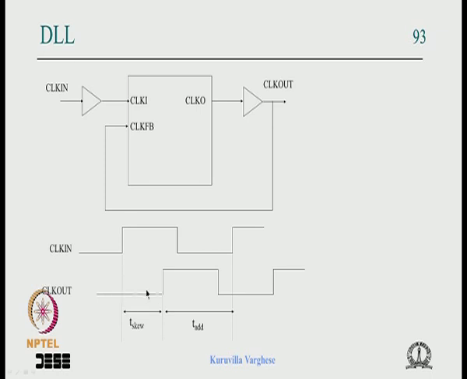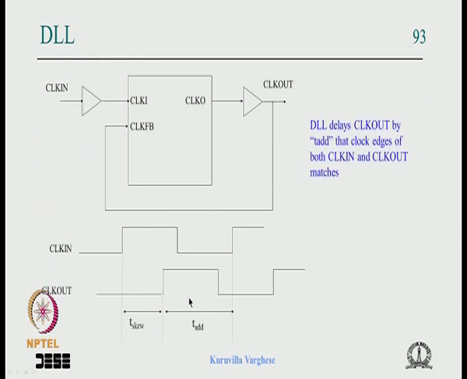There will definitely be a delay, a skew, but it is compensated by further adding a delay of T clock minus T skew into the tree, so that this edge will come in sync with the next edge. So the delay lock loop synchronizes the edge by further delaying the already delayed edge. That's how it works.